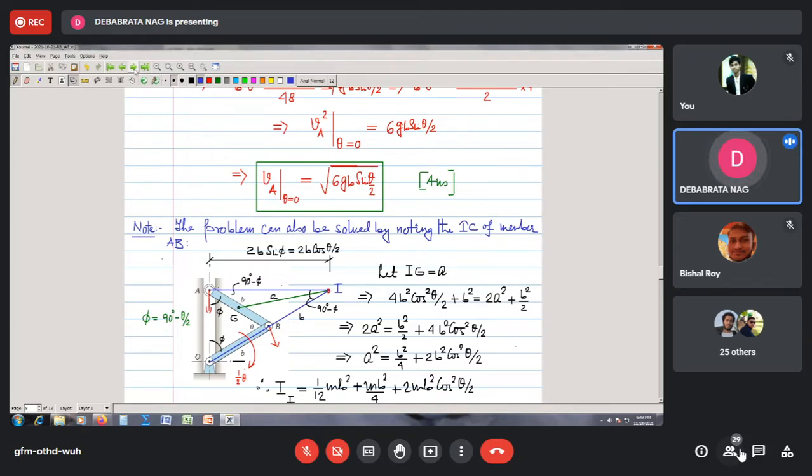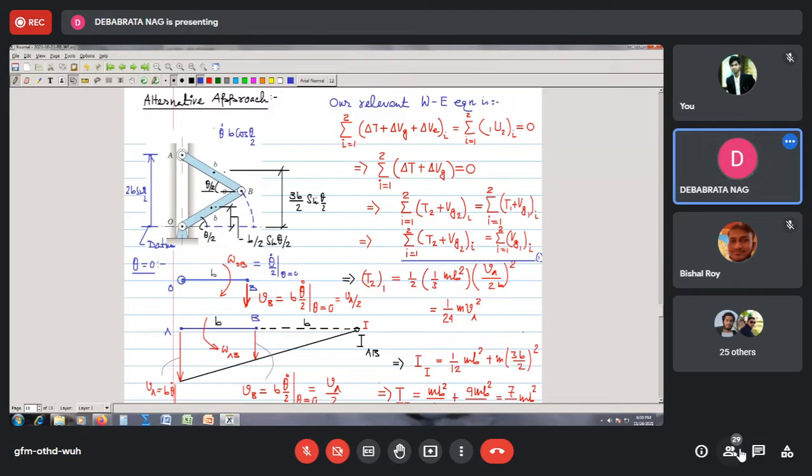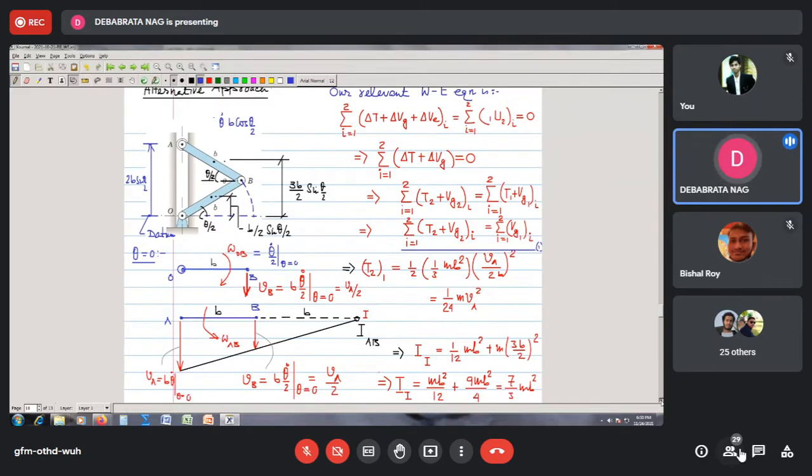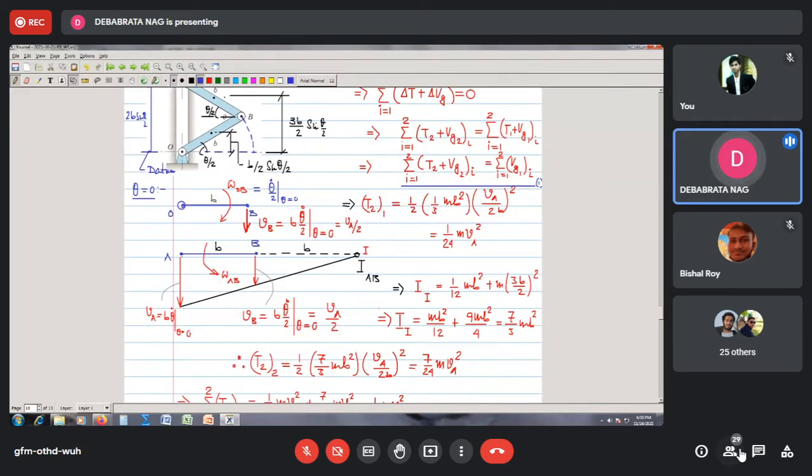Or even if you do not know all these things, you can say from here, since this end's velocity is VA and the point B's velocity is VA by 2, quite naturally this triangle, if I draw, that means this point's velocity is known because this will be the common velocity, the point B's velocity that is common.